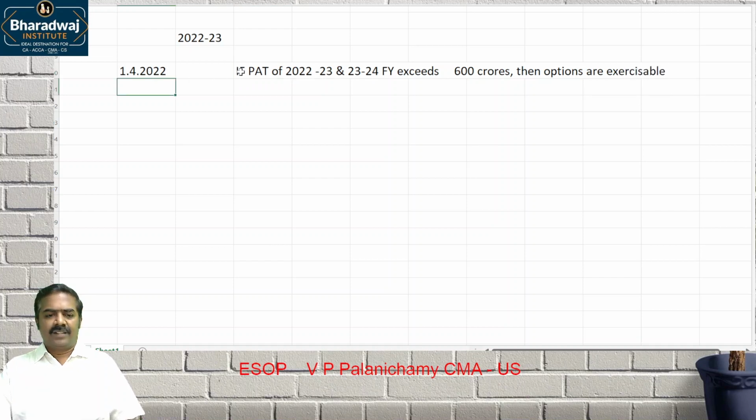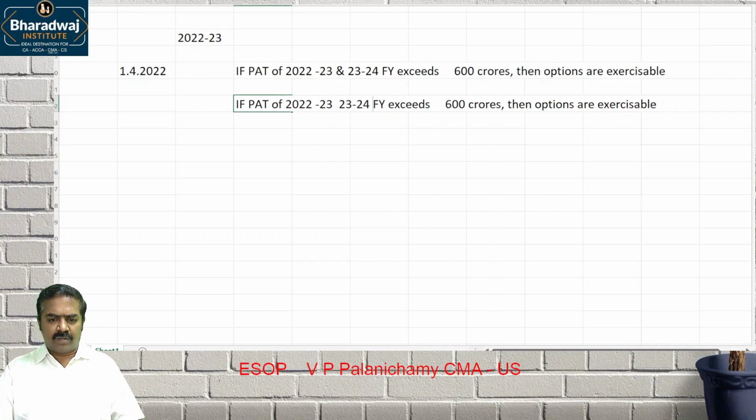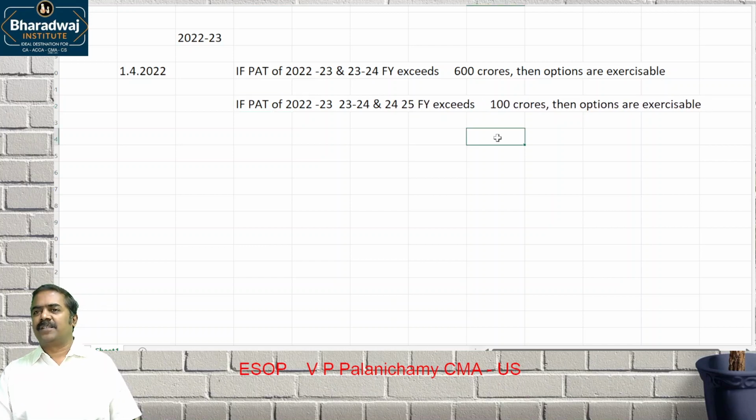If that condition is not fulfilled, the second condition is that profit of 2022-23, 23-24 and 24-25 totally exceeds 1,000 crores, then options are exercisable.